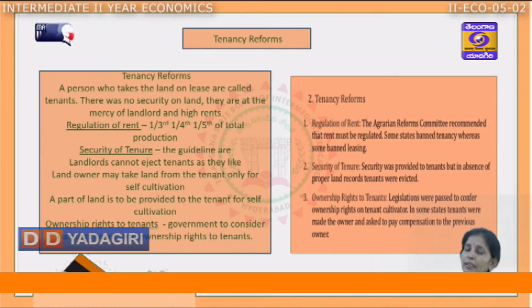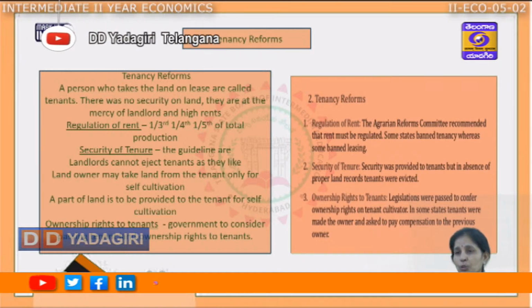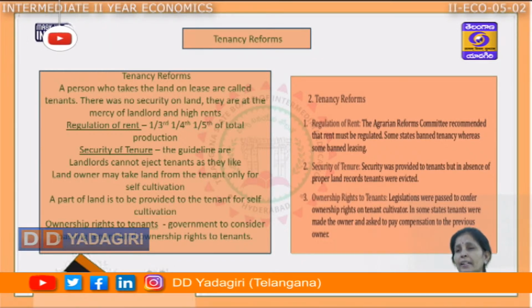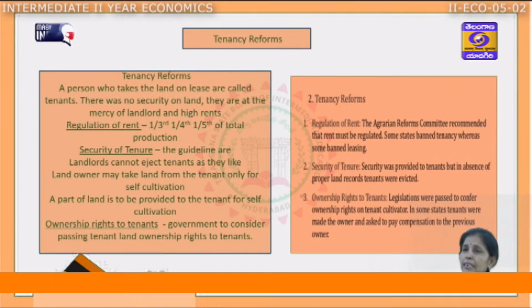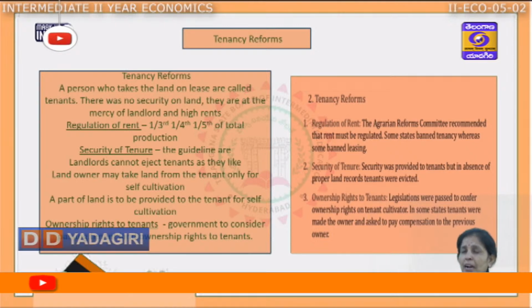As I told earlier, this is a magical thing that can change the sand into gold. That is, by providing ownership rights to the farmers, they can increase agriculture production very much. So here, under tenancy reforms, they have introduced three reforms.